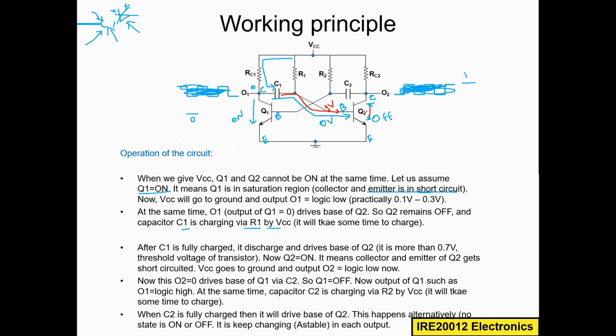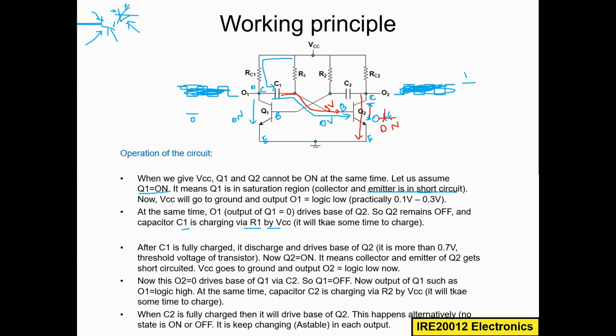So if it's short circuited, then there will be a current flow. Now this Q2 is on instead of off. And because it is on, of course, there is a short circuit between collector and emitter. Then this VCC will go to this node, and then from this node it will go to the ground.